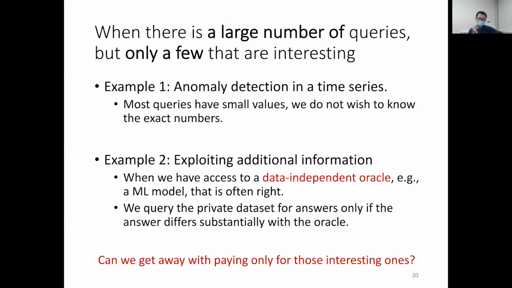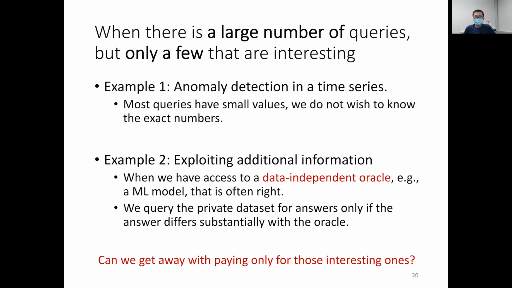In the second example, maybe this will allow us to exploit additional information. Let's say that there is an oracle who can tell us the answers to these linear queries in a data independent way.